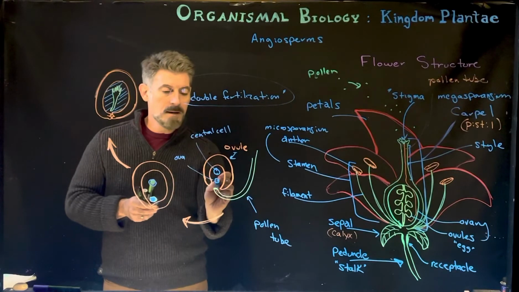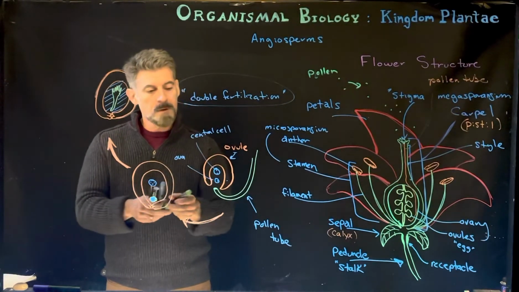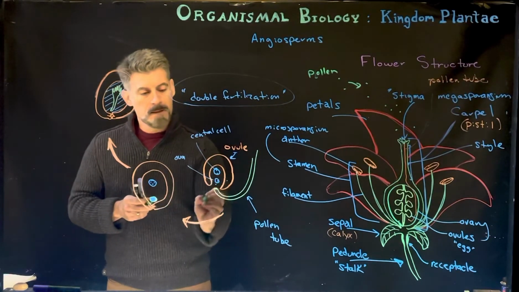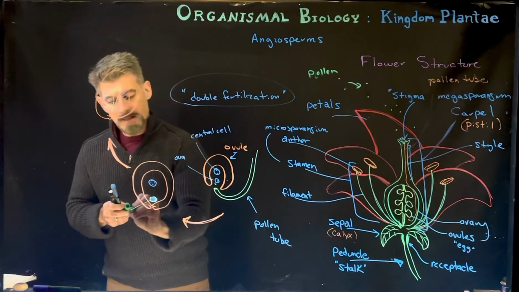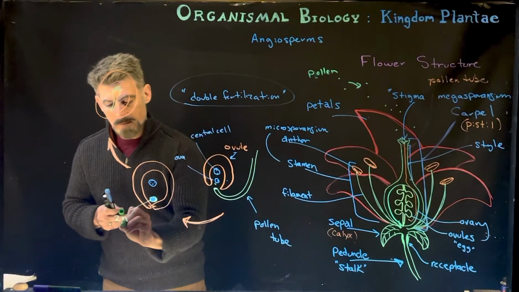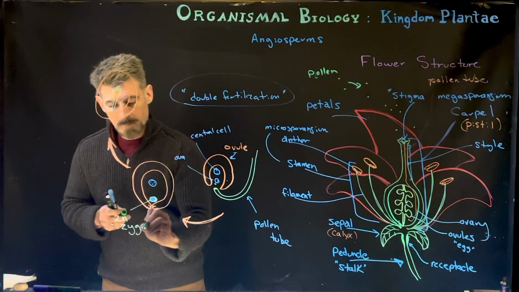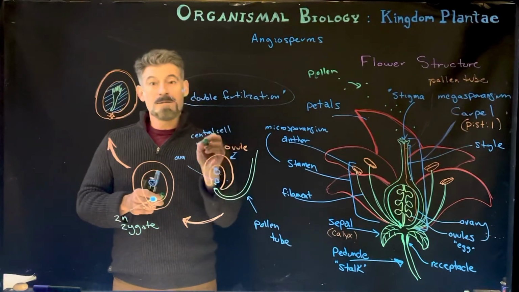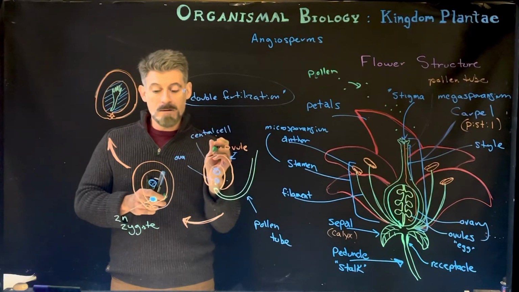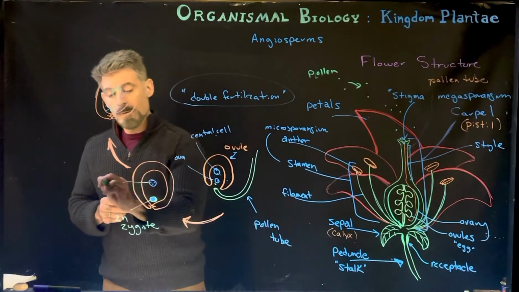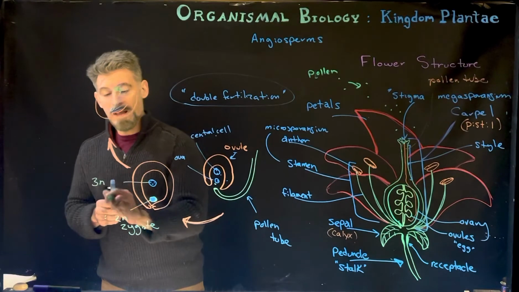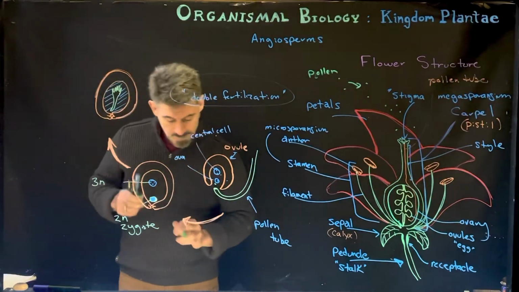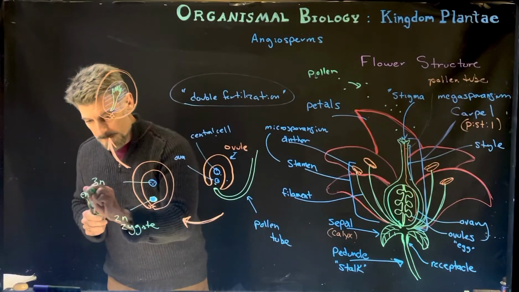Then one of them will fertilize the ova here, and then become the zygote, a 2N zygote. The other sperm will actually fertilize this central cell, and it will produce a 3N cell called the endosperm.